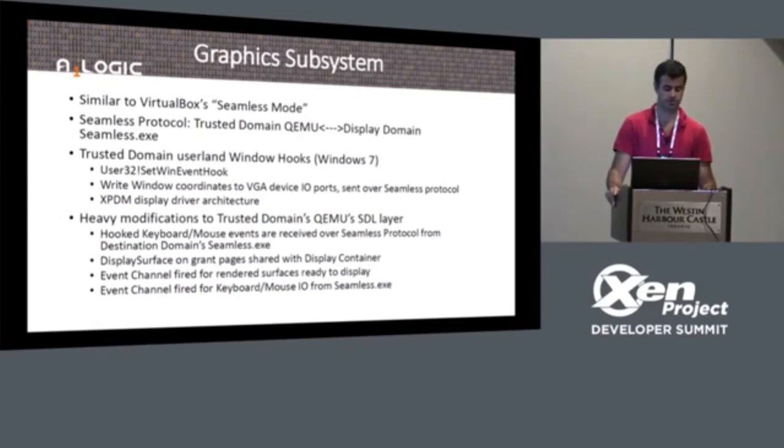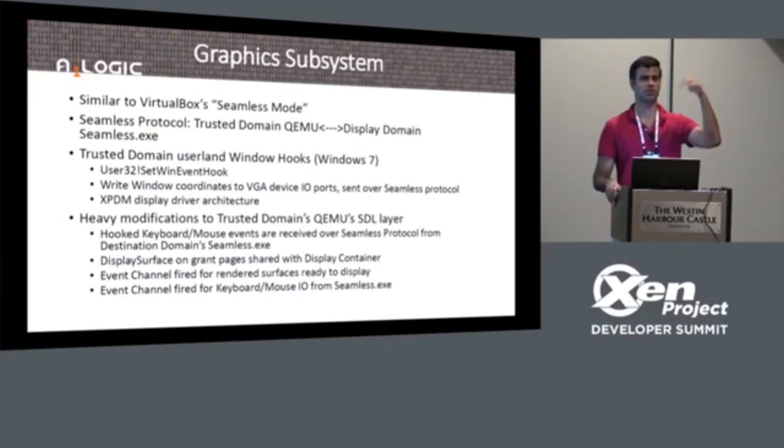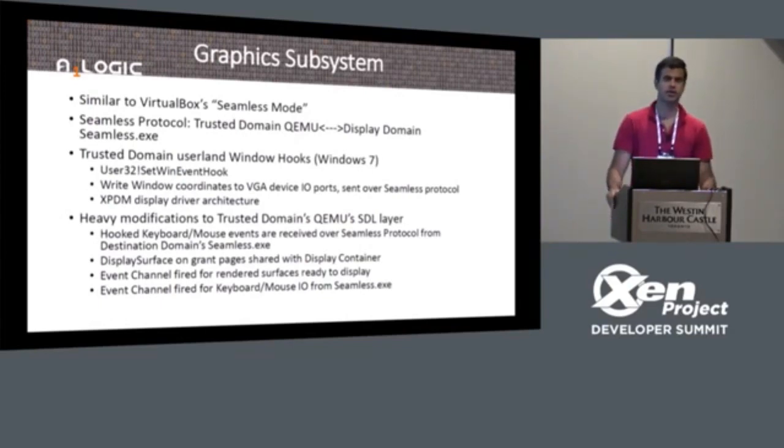In this case, we're using user32's SetWinEventHook API to get window coordinates. We take those window coordinates and we write them to an I/O port, obviously through a driver, to I/O ports exposed by QEMU's virtual graphics implementation. Then those coordinates are taken and sent over the seamless protocol to the seamless.exe in the display domain.